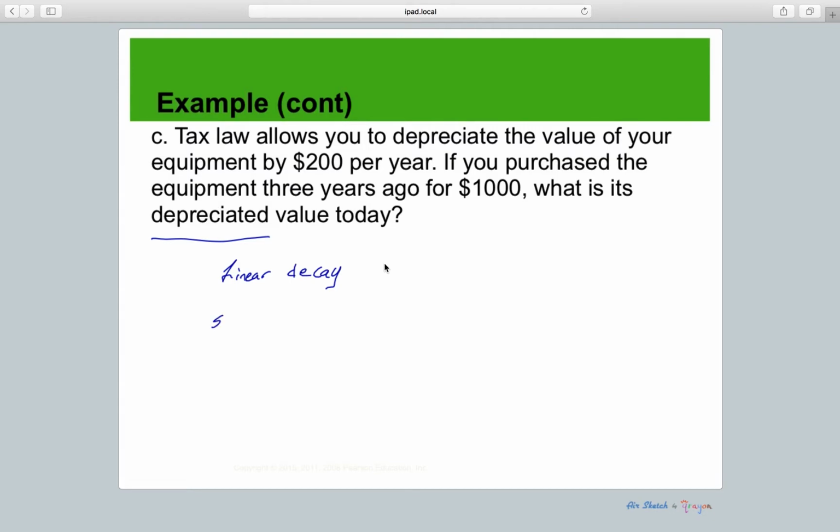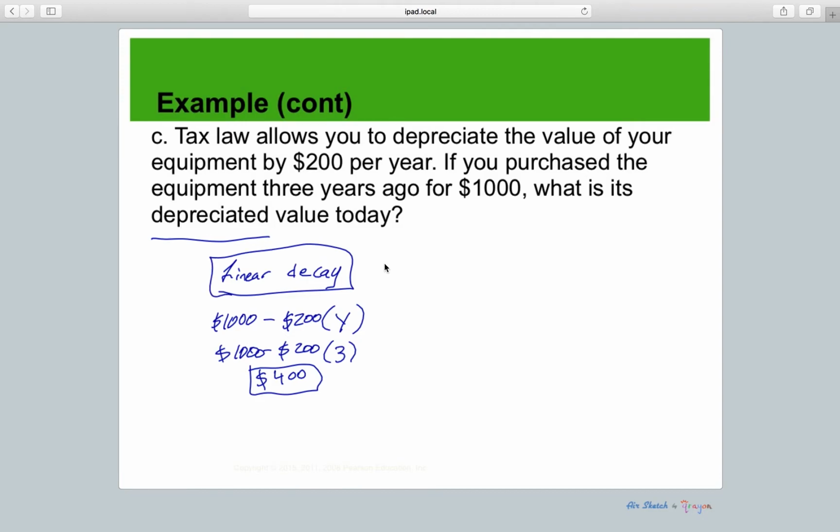So it started out as $1,000, and we're allowed to depreciate it by $200 per year. So minus $200 times the number of years. So for us, that's 1,000 minus 200 times 3 years. So that's 1,000 minus 600, or it's worth $400 today. And again, that's linear decay.